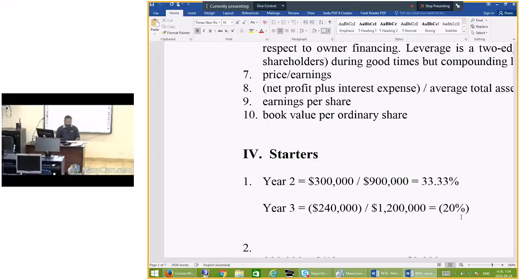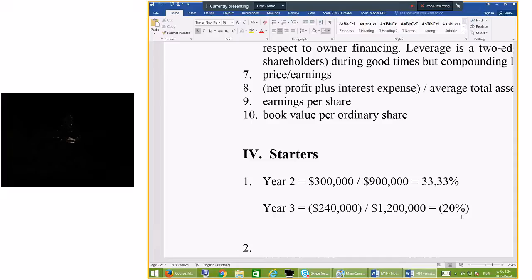But the problem here is that during the year the number of shares issued differs from period to period. Therefore we cannot calculate directly. We have to calculate the average shares held during the period.